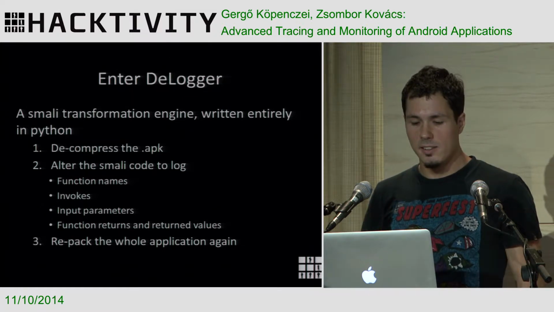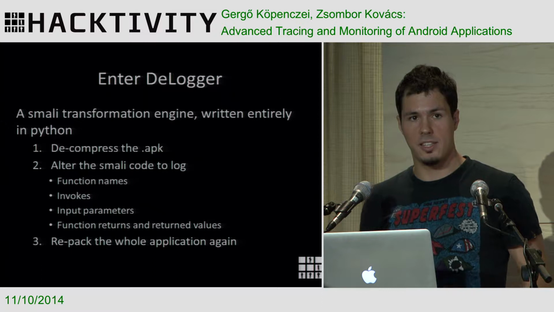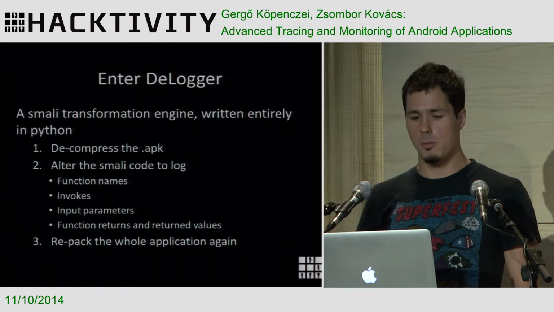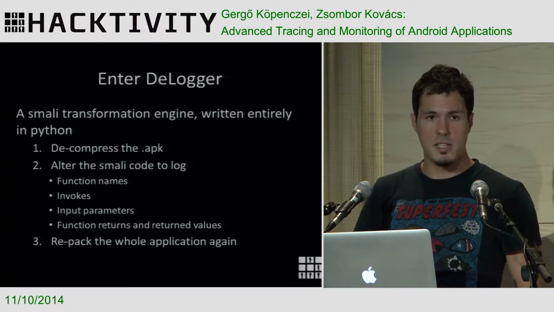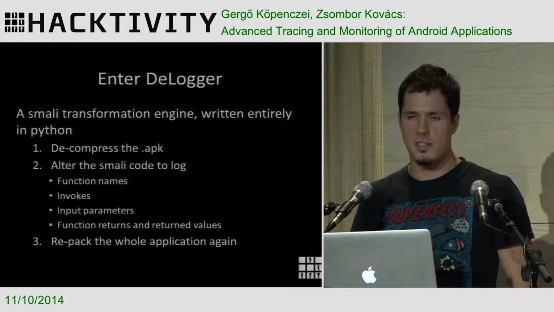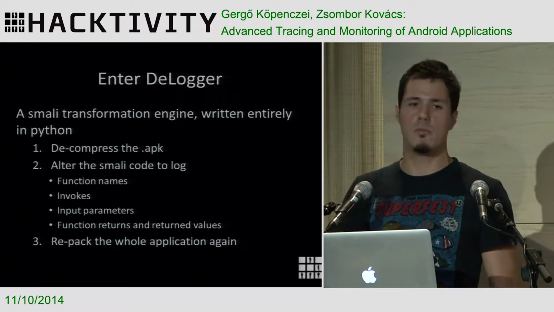In the end, we repack the whole application so that these changes are permanent, and it can be installed either on a device or on an emulator or anything else.